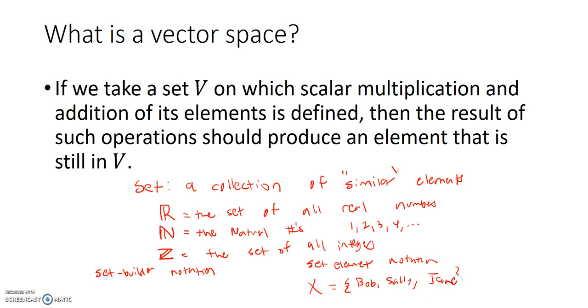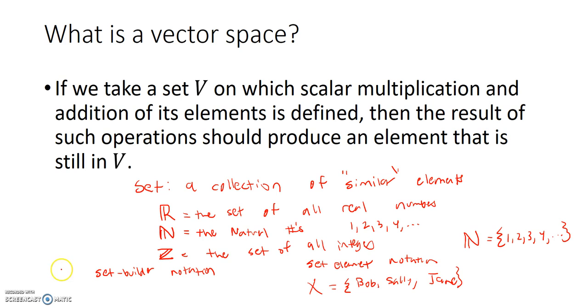Okay, so that's a set of 3 names. And this actually lays out all the elements. We could also describe the natural numbers this way. We could say that the natural numbers is the set of numbers 1, 2, 3, 4. There are too many of them to list out, so often we'll use this comma ellipsis notation to say, yep, and so on and so forth in the same fashion.